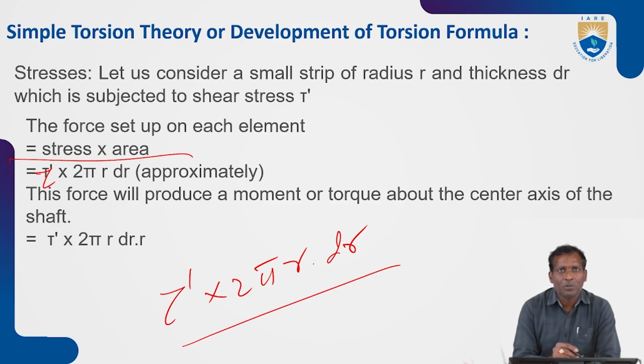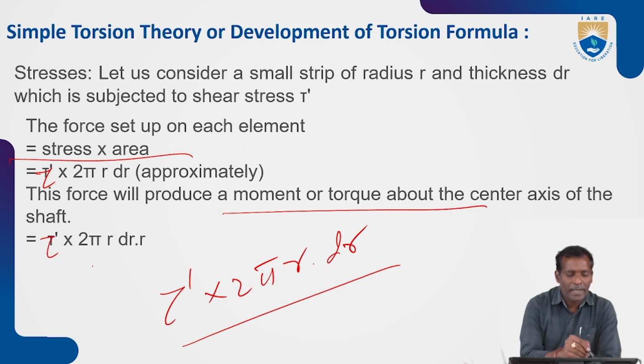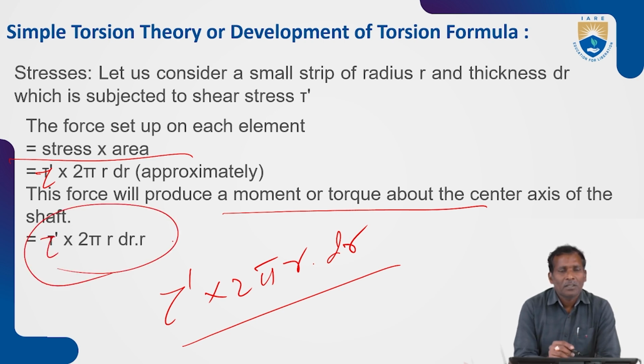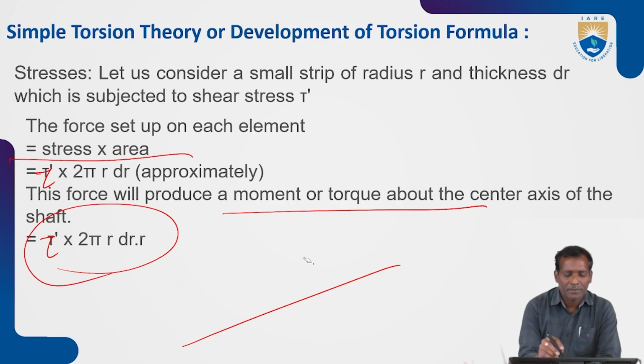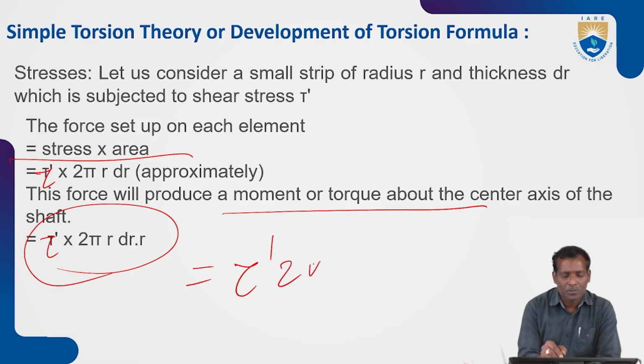This force will produce a moment or torque about the center axis of the shaft: tau dash into 2 pi R into dr into R. So you can write tau dash into 2 pi R square into dr.